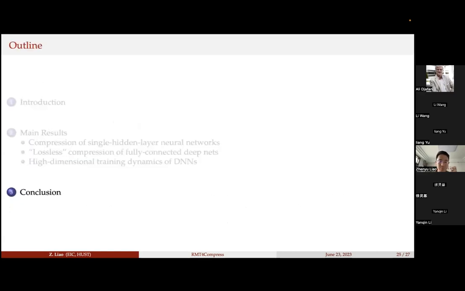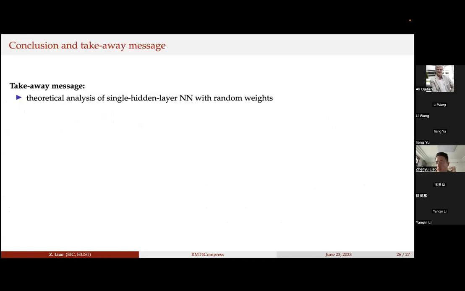Great. So I'm almost done, and I'll try to do a quick conclusion with a few takeaway messages. With random matrix theory and our toolbox, we have a theoretical analysis of shallow neural networks with random weights, and this also extends to fully deep neural networks with non-random weights with the help of the NTK theory.